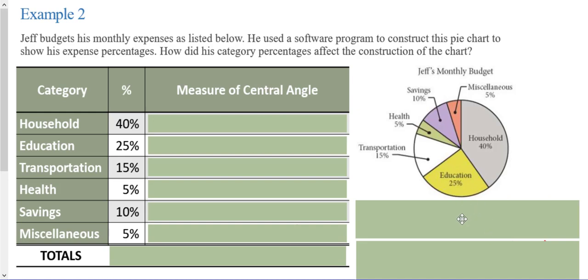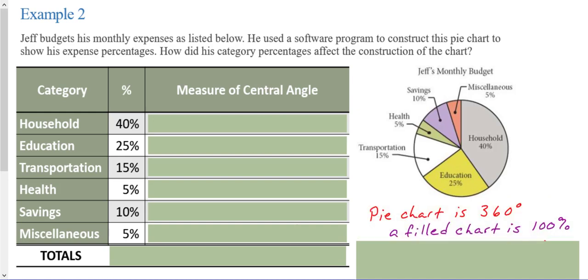Well, it's 360 degrees, and we know if a circle is filled, then it is 100% filled. So we want to use what we know about the degrees of a circle and what we know about percents, since we know that 360 degrees would be 100% of the degrees in that circle.